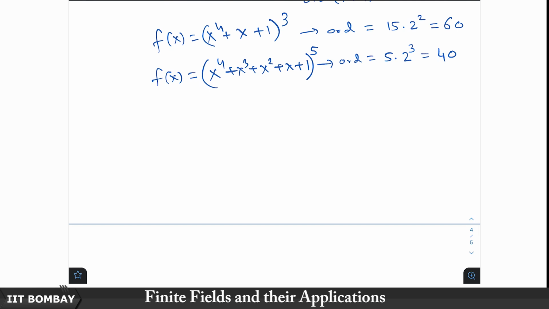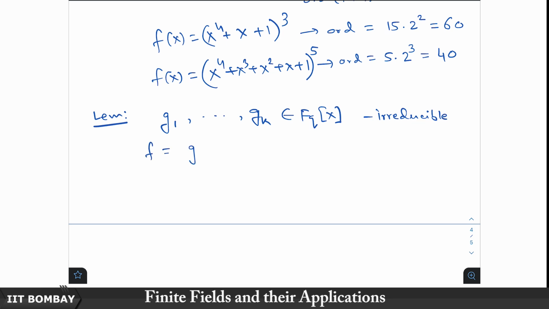Now, if you take a product of such powers of irreducible polynomials, how does the order change? Let us look at that. So, if you have polynomials g1, g2 up to gk, these need not be irreducible. Let us just consider them co-prime.